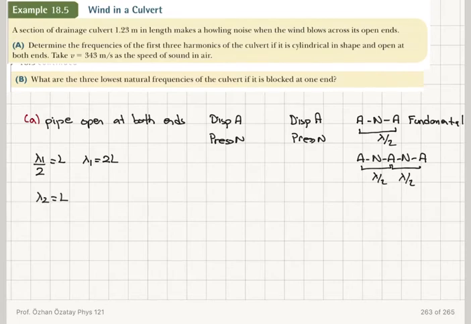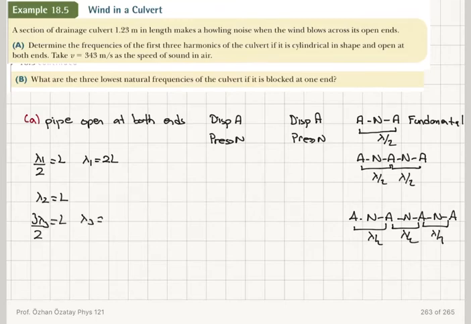So I have lambda. Lambda 2 is equal to L. And I can go to the third harmonic, A, A, A, A. Lambda over 2, lambda over 2, lambda over 2. So 3 lambda over 2 is equal to L. So lambda 3 is 2L divided by 3.